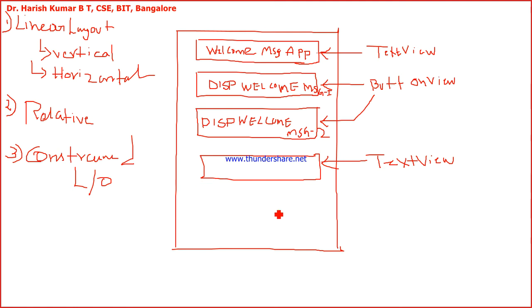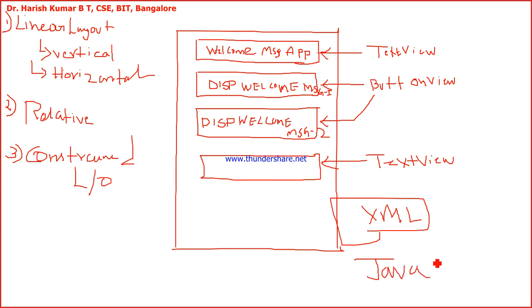Now here you have to write two things. One is the XML file, which is basically for your UI part: placing these widgets or views onto the layout, and defining the IDs and messages, we do in the XML part. Then we write the Java code for the action part or the functionality part.